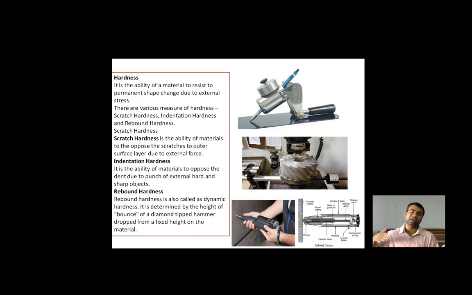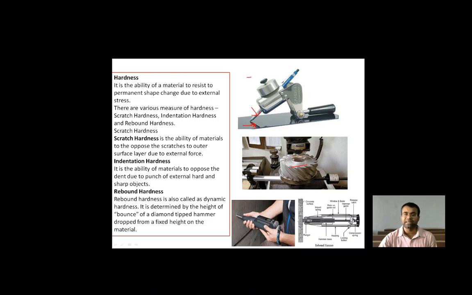When some kind of scratching is happening on that material. If that material resists the scratching, that means that material is hard as compared to the scratching material. You can see in this figure, where is the cursor? Right. So this is the indenter type, that is the scratching material, and this is the material on which the scratch test is to happen.